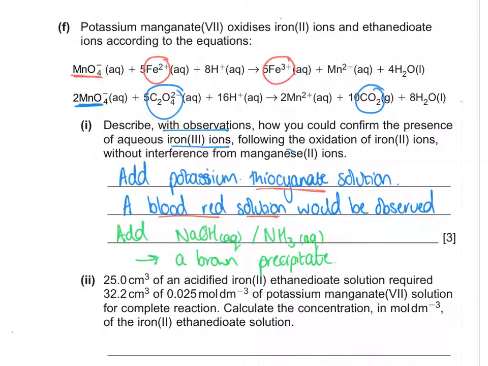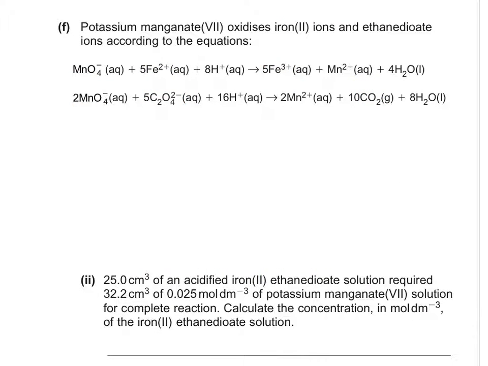Next part of the question is a bit of a complicated calculation. The question asks us to calculate the concentration of an iron ethane dioate solution by titration with potassium manganate solution. What we can see from our 2 equations is that potassium manganate actually oxidizes both of the ions in that salt.